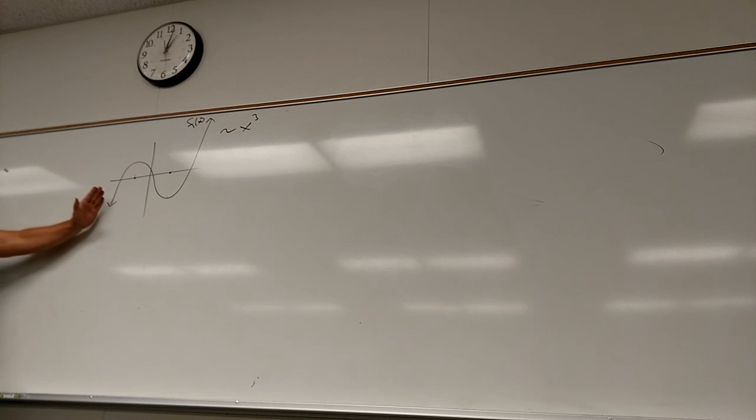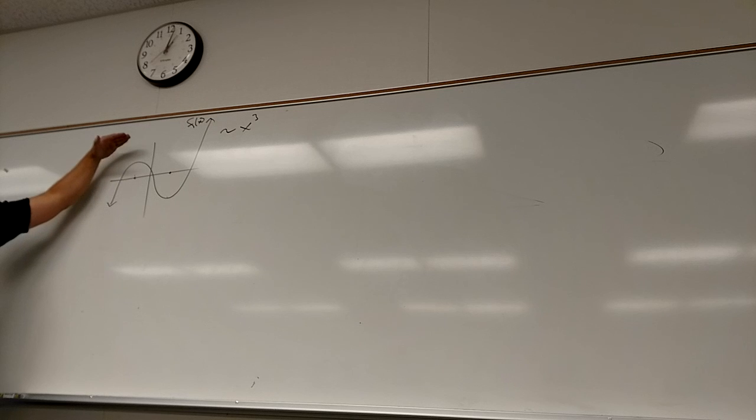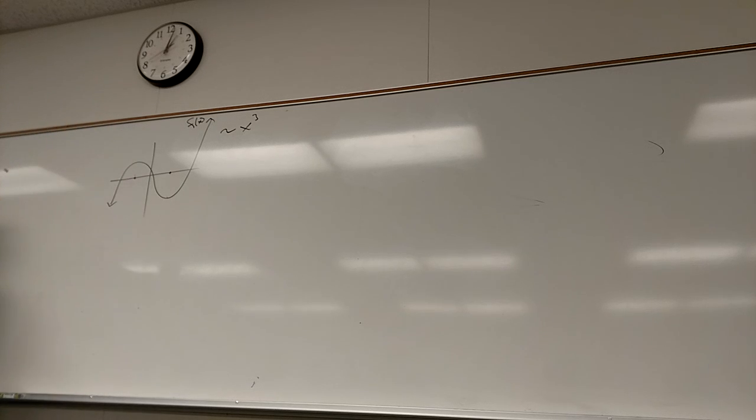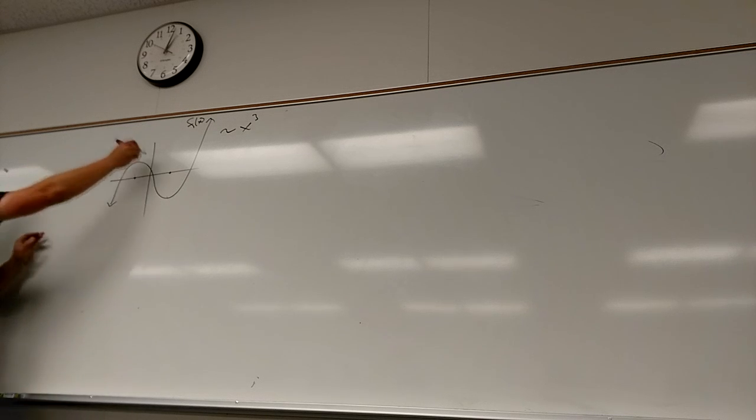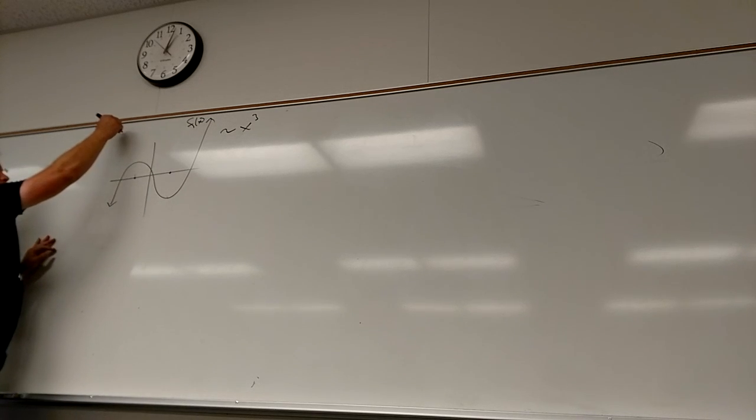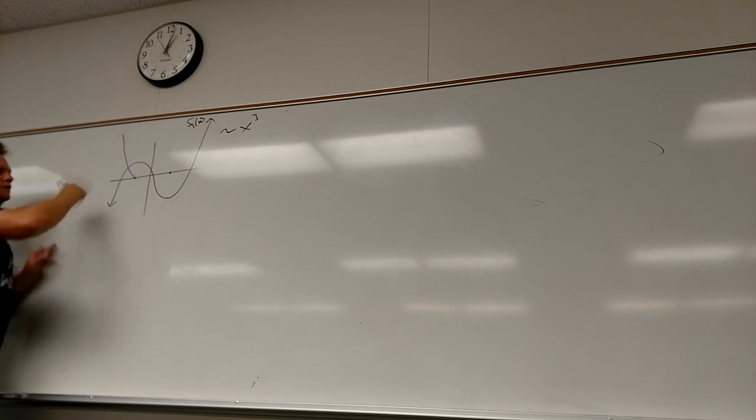So can somebody tell me the most important thing about the slope here? It's positive. Now the second most important thing is as I approach this, of course, it's becoming less and less positive, closer to 0. Are you with me? So exactly what we just said. It starts off decently big positive, becomes less positive until it hits 0.